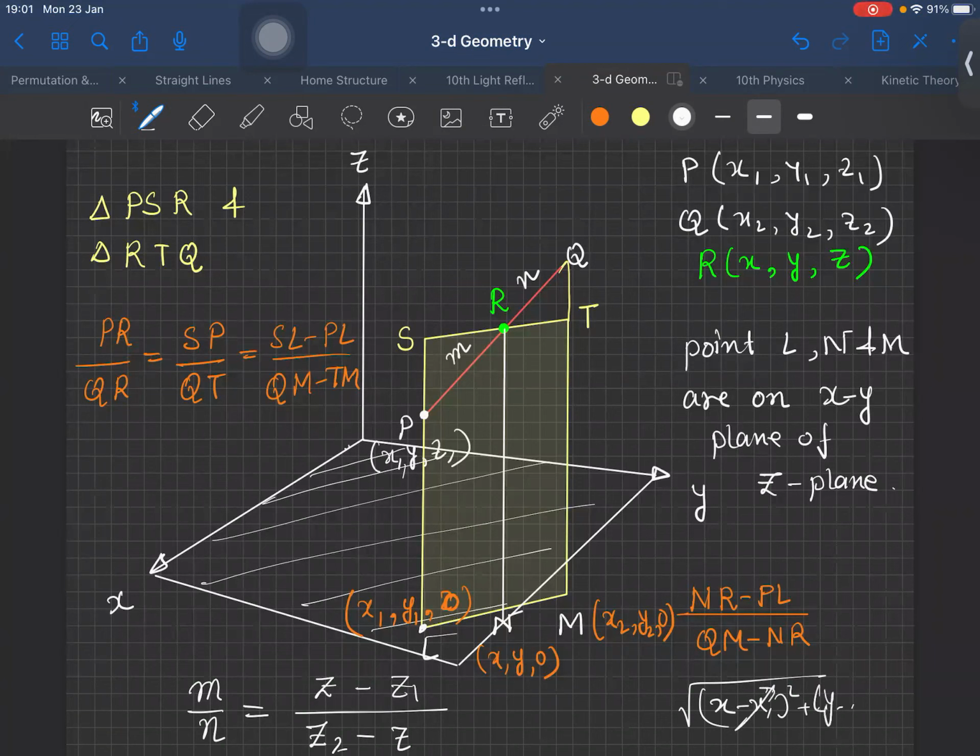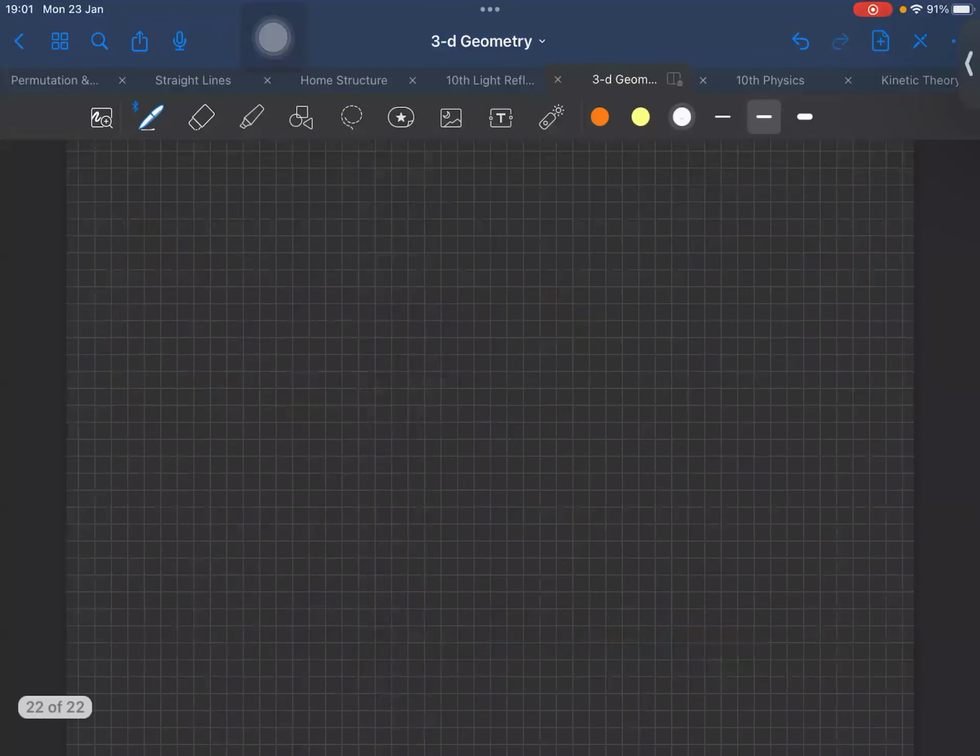Y will also be 0. Only we'll have Z minus Z1 upon Z2 minus Z. So from here we can write Z is equal to M times Z2 plus N times Z1 upon M plus N. That's how we find the coordinate of Z.